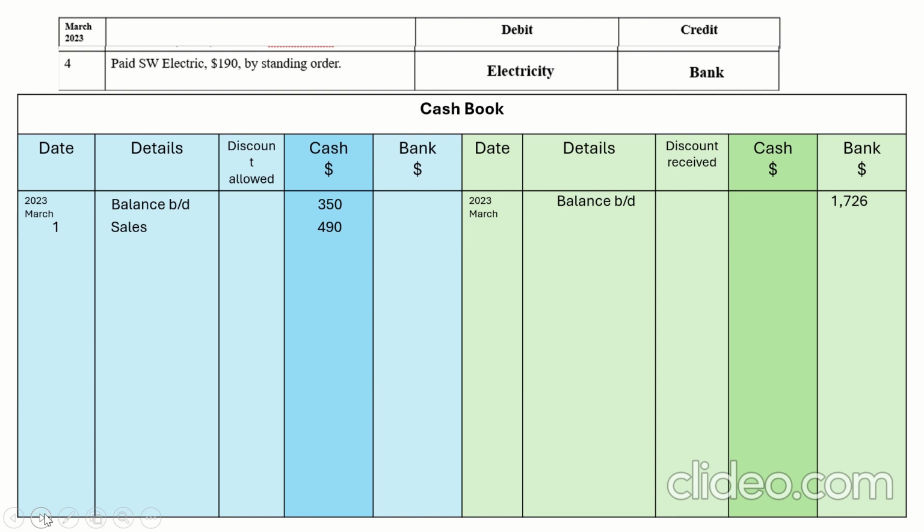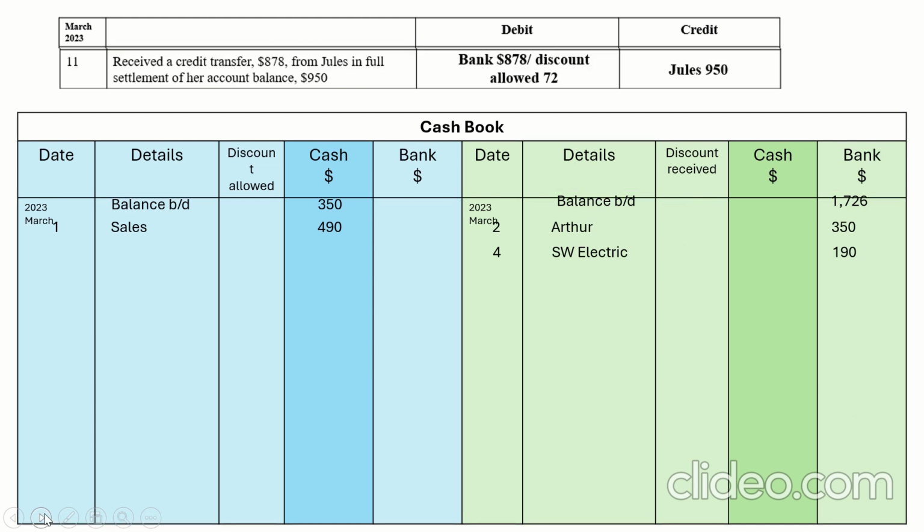Fourth, paid SW Electric 190 by standing order. This is related to bank, so credit the bank column. It's on fourth, SW Electric 190. Received credit transfer 878 from Jules in full settlement of her account of 950.